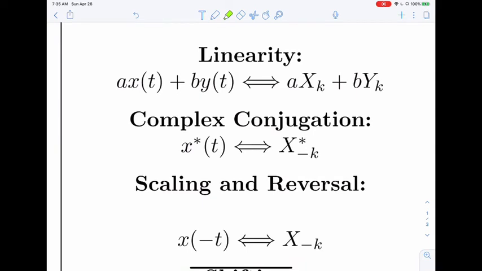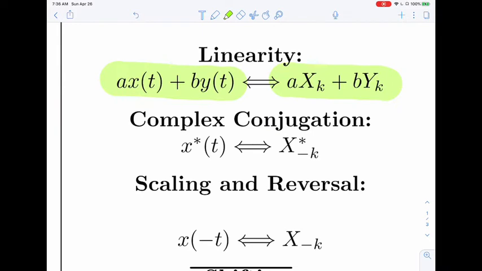Linearity is our first property, and linearity is something we've seen in every transform that we've dealt with so far. So when we had Laplace or Z, and in fact, when we look at these Fourier series properties, you're going to see very similar kinds of properties for Laplace and also for Z. So these should look familiar. What's the linearity property? If I have a linear combination of time domain functions, I get a linear combination of their Fourier series, the transform domain representations.